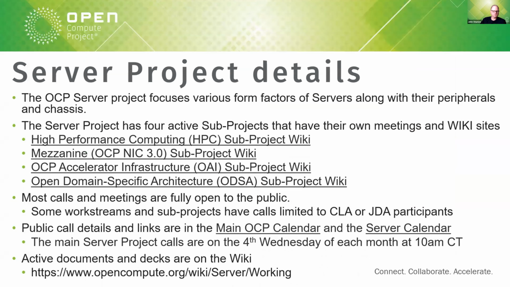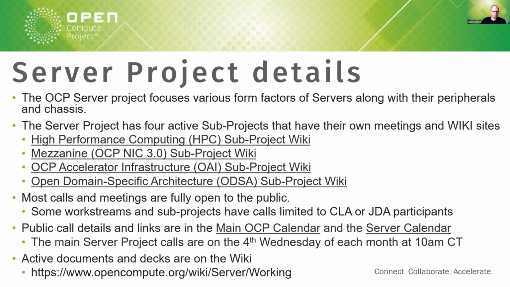We do have 4 sub-projects that will all be presenting today: the HPC or high performance computing sub-project, the OCP NIC 3.0 sub-project, the Open Accelerator Infrastructure project, and the Open Domain Specific Architecture sub-project. So we've got a lot of content from all of these presenters. Glad we could all get together today to do this extended presentation.